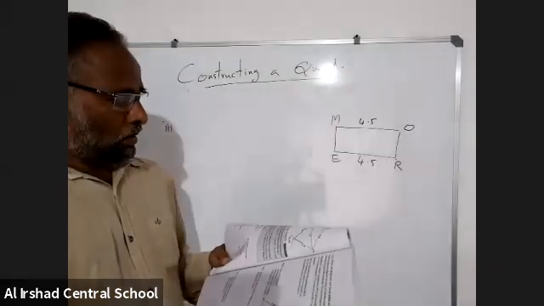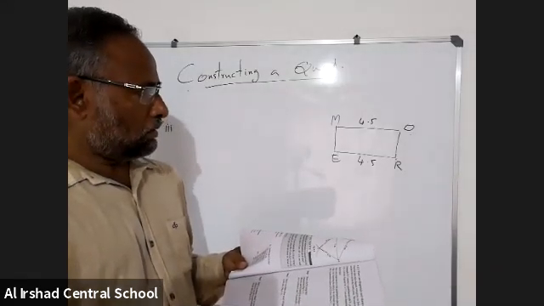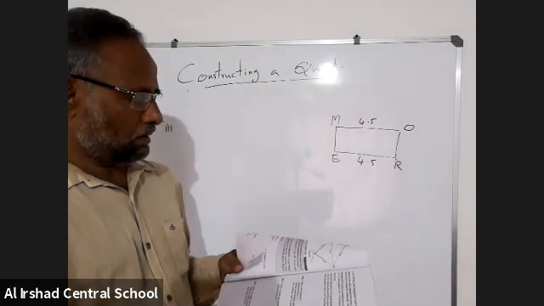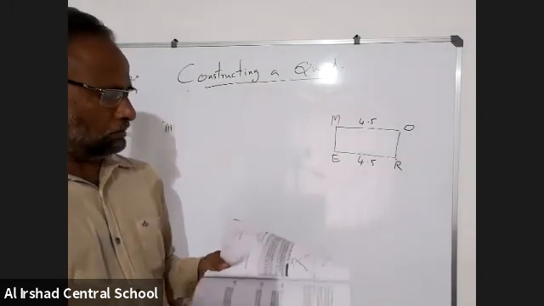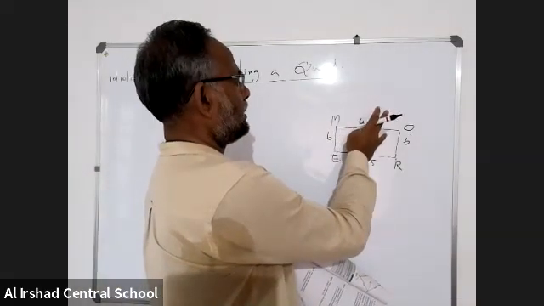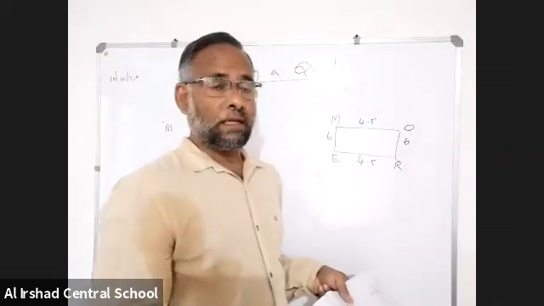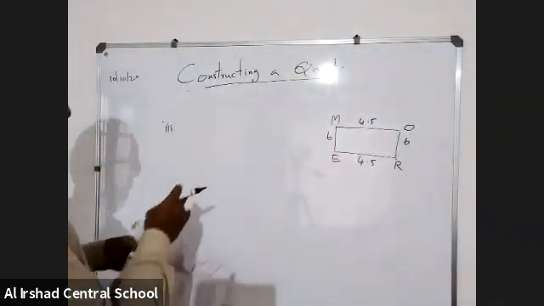Now, what about ME? ME is equal to 6 centimeter, because opposite sides are equal, 6 and 6. It doesn't matter, sir, this is more, this is less, 4 is more. No, this is a rough figure only. Understand? Doesn't matter. But you can make it lengthy if you want.